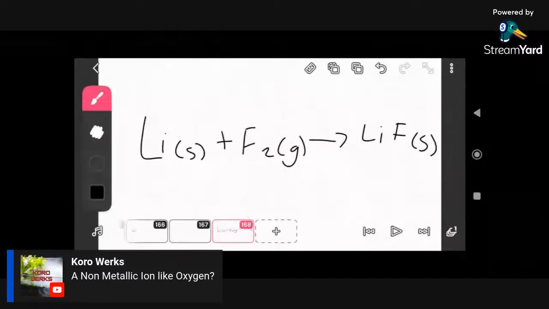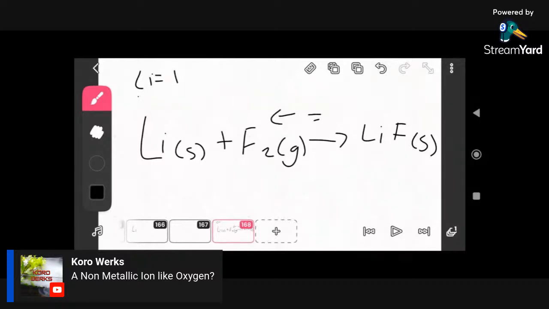So we got the equation right here. You see in fluorine gas how there's two fluorines. Let's count all the atoms that we see. On the left side of the equation, we got a lithium, and there's only one of them.